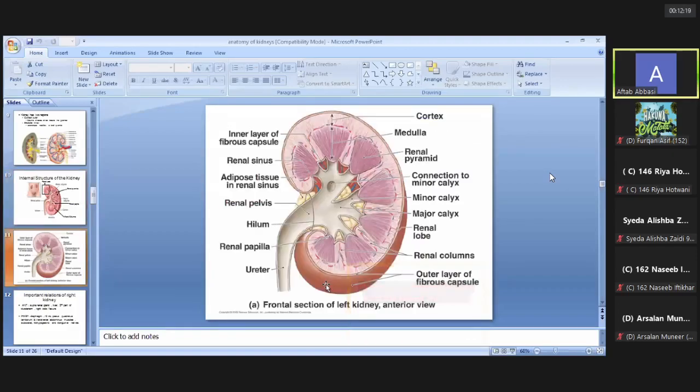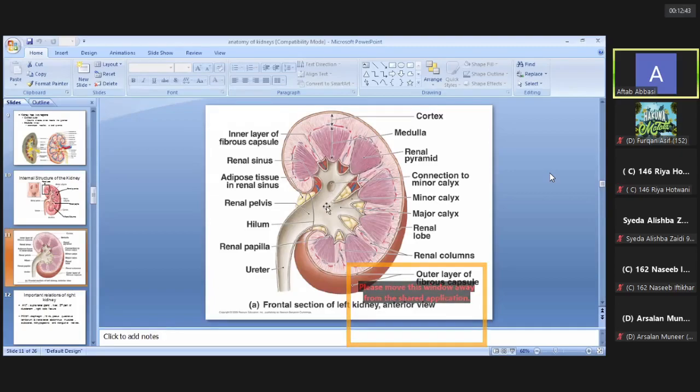Again, this figure shows the main internal features of the kidney. This is the cortical region known as cortex. This one is known as medulla. Medulla contains multiple pyramidal shaped structures known as renal pyramids. A renal pyramid has a base towards the cortical region, and here is the apex.